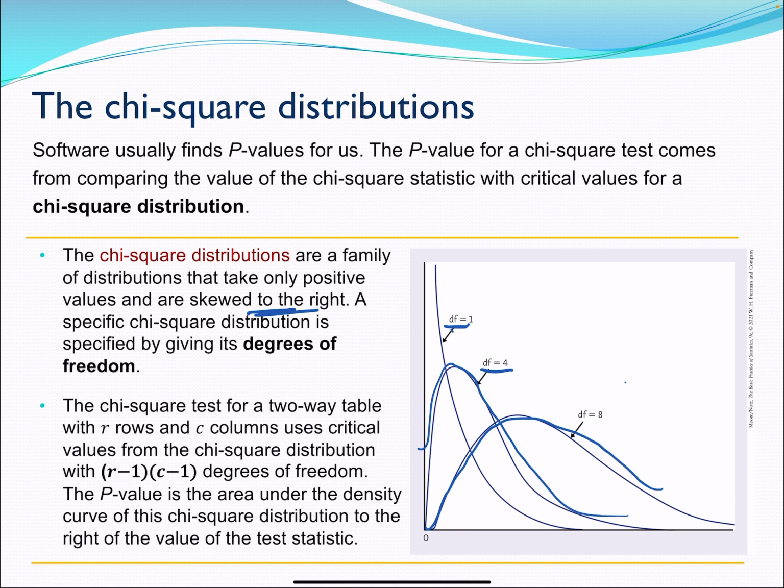It becomes less skewed to the right the more degrees of freedom we have. To calculate the degrees of freedom, we take our number of rows minus 1 times our number of columns minus 1. And that's how we determine the p-value in our area, because the greater my degrees of freedom, the more spread out my chi-squared is going to be.